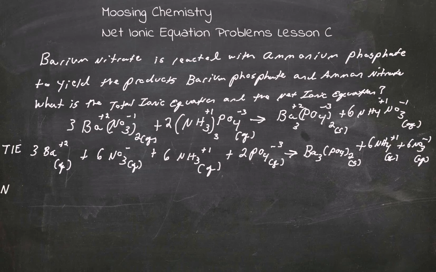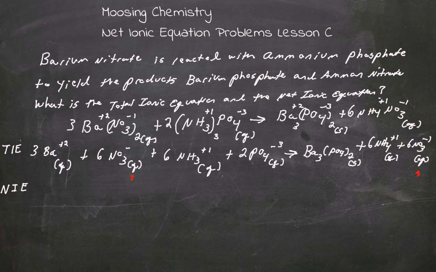We want to get our net ionic equation, the NIE. So how do we do that? Well, we have to look to see which ones changed from the left side of the equation to the right. Barium went from aqueous to solid, so it changed. Nitrate was aqueous here and aqueous there, so it didn't change.